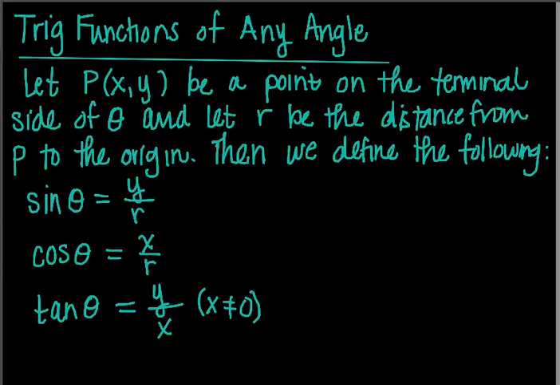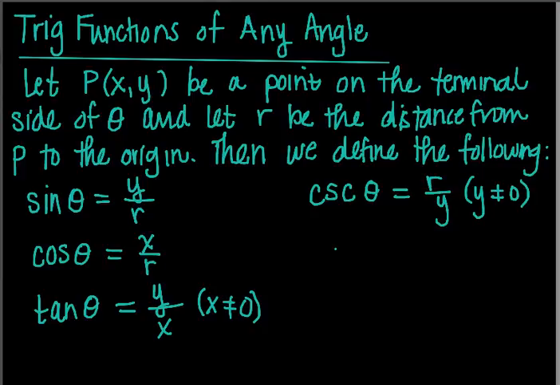And then let's look, of course, at the reciprocal functions. The reciprocal of sine is cosecant. So I'm just going to flip that. That's r over y, again for y not equal to 0. So when is y 0? When we're on the x-axis. So cosecant doesn't exist on the x-axis. Why am I putting sine?